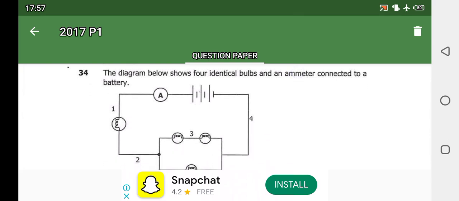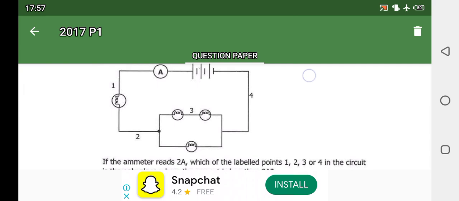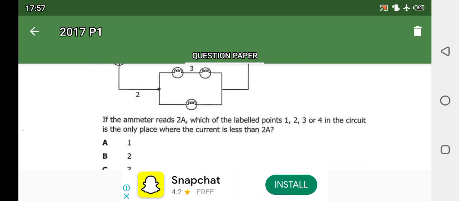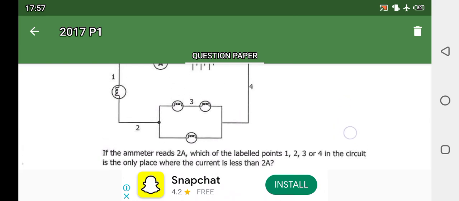The diagram below shows 4 identical bulbs and an ammeter connected to the battery. So we have got bulb 1, another bulb, and they are connected in series. If the ammeter reads 2 amps, which of the labeled parts 1, 2, 3, 4 in the circuit is the only place where the current is less than 2A?